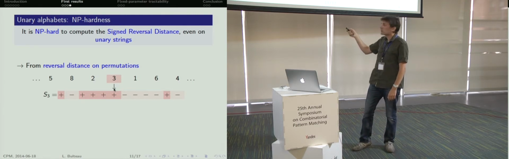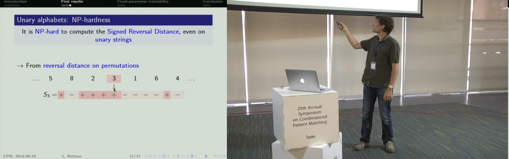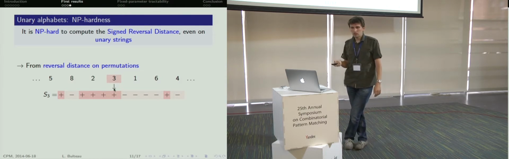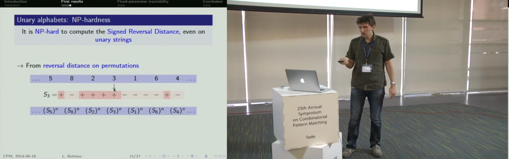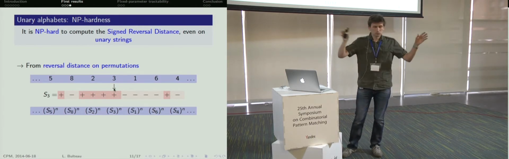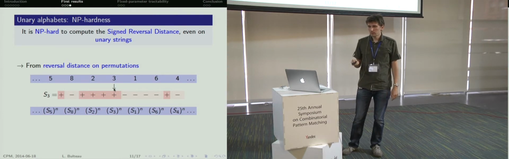Since it's a unary alphabet, I could write plus a minus a plus a minus a, but it's only plus or minus. So S3, 3 is replaced by S3, 2 is replaced by S2, etc. We even make lots of copies just to make the proof work easier.